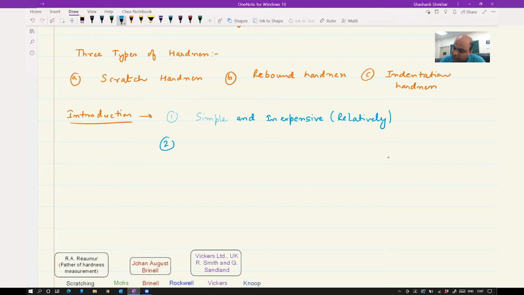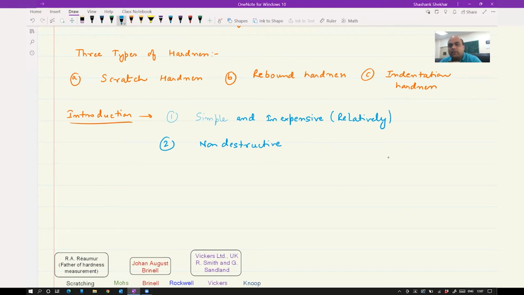Second, the test is non-destructive. Again compare with your tensile test. There you are going to fracture the sample. Here in the hardness test, we are making an indentation, or doing a scratch on the surface of the sample.